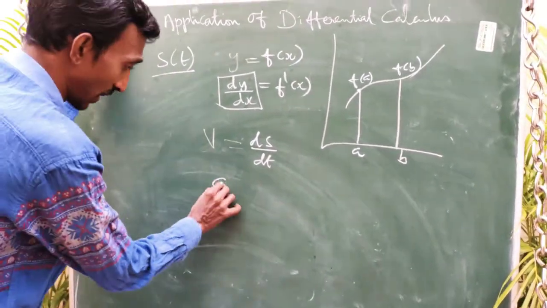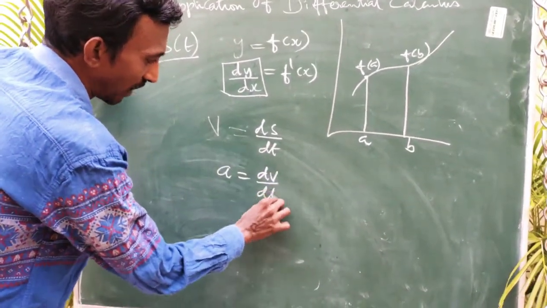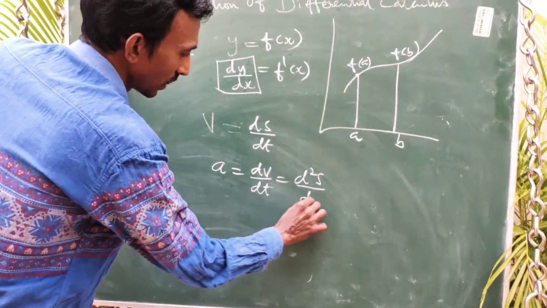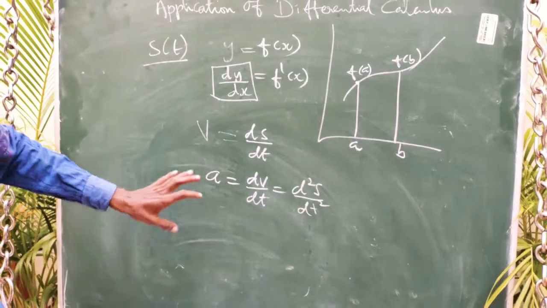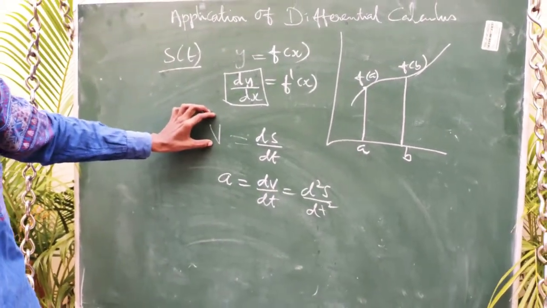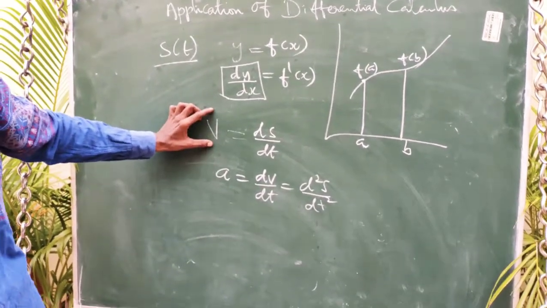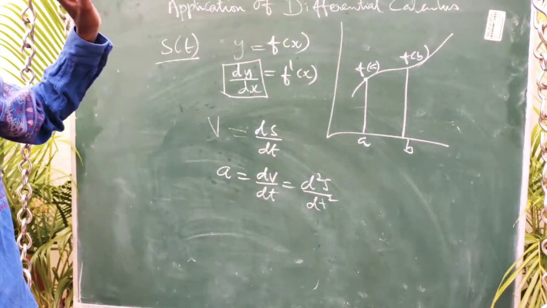And the second concept is acceleration, that is rate of change of velocity, or it is nothing but d square s by dt square. So simply velocity and acceleration are considered as the rate measure. Velocity is the first derivative, acceleration is the second derivative, that's all.